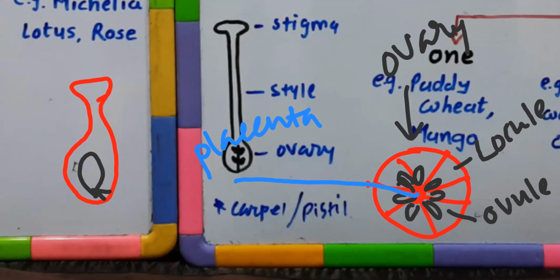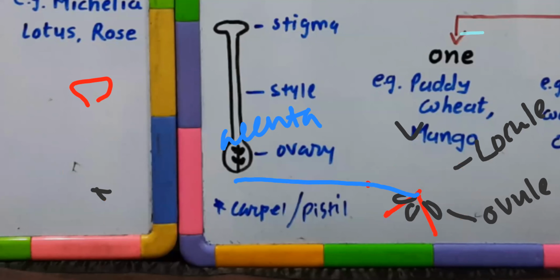That means their flowers in their ovary possessed a large number of ovules. So it can be a single ovule or it can be more than one ovule within the ovary. That's all about it.